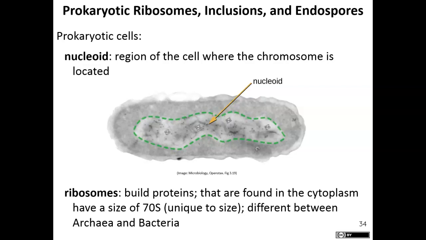And so because of this, we can actually target protein synthesis in bacteria when we're trying to get rid of an infection. Ribosomes also differ in structure between archaea and bacteria. So we can identify archaeans and bacteria by their ribosomes.